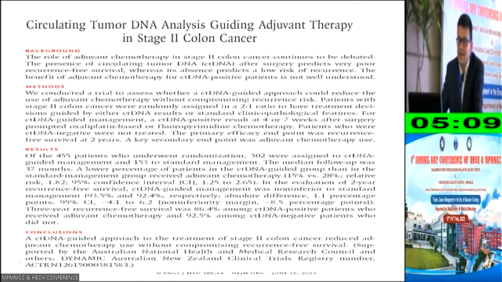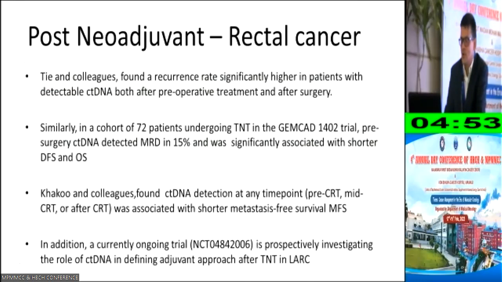And if the ctDNA is negative post-surgery, regardless of the other parameters of the patient, we can actually opt for no chemotherapy-based surveillance. This is one study which I think can be practice changing as of now.